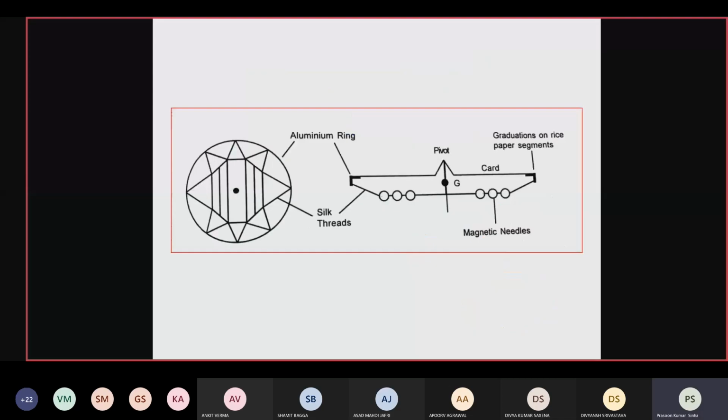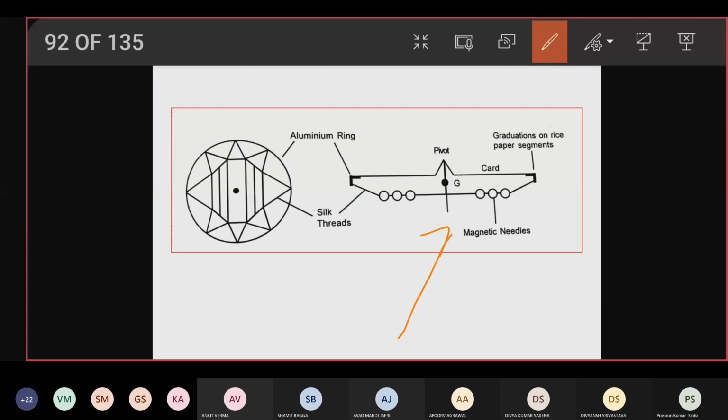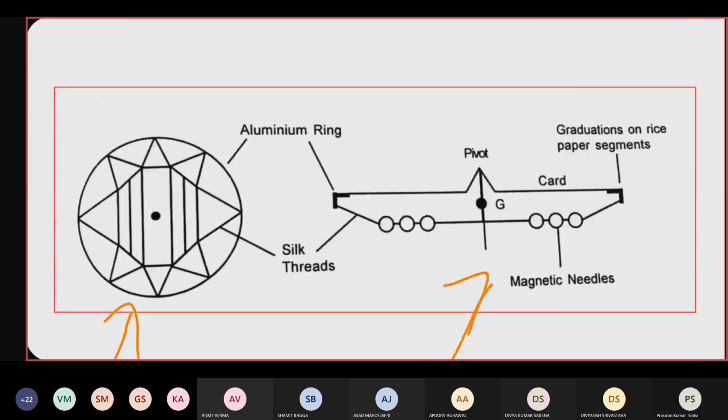So this is what we have understood. This one is the side view. This one is the top view, schematic top view basically. So are you able to identify all these things? Yes, sir.